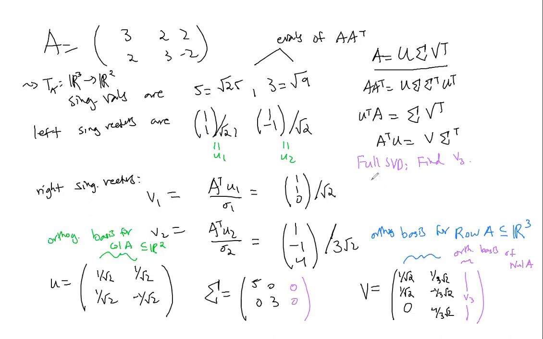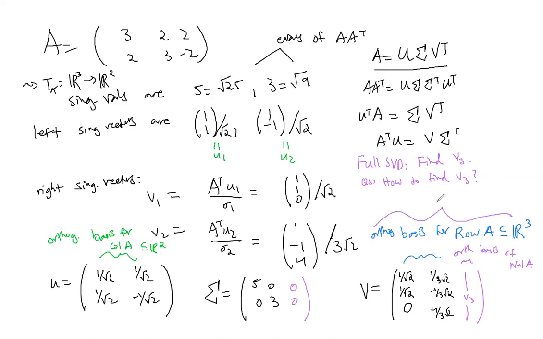Okay, so just a quick question: how do we find V3? Well, we're just finding a basis for a null space, right? It needs to be orthogonal, and not only does it need to be a basis for a null space, but we want this whole thing to be an orthogonal basis for R3.